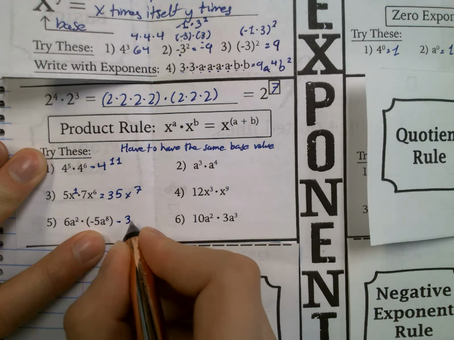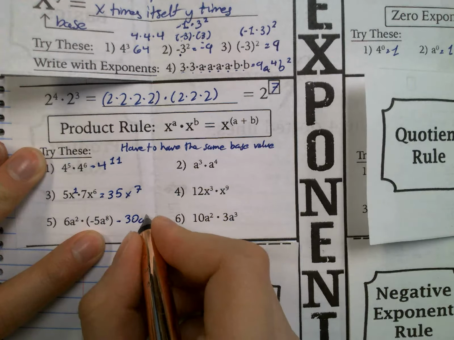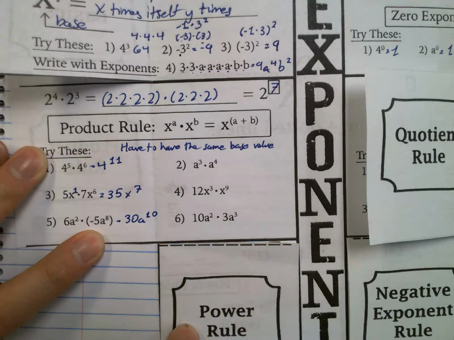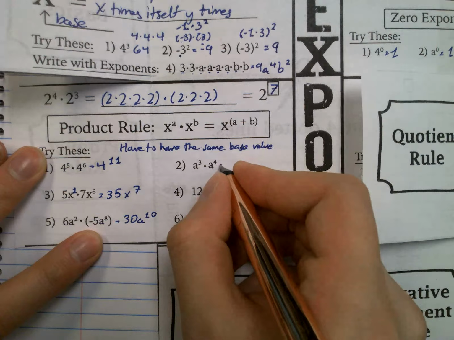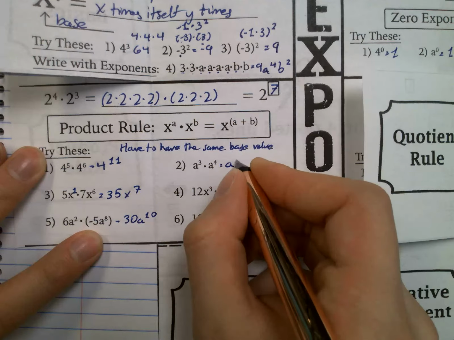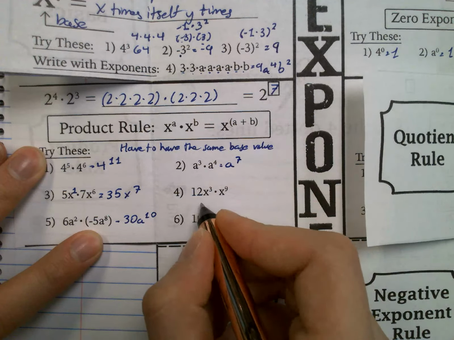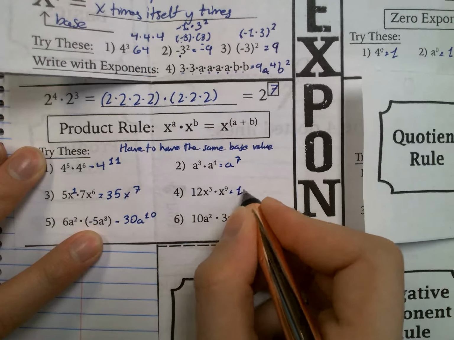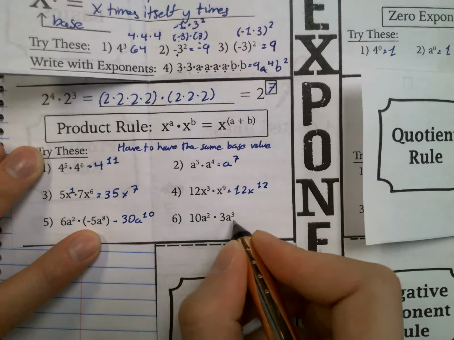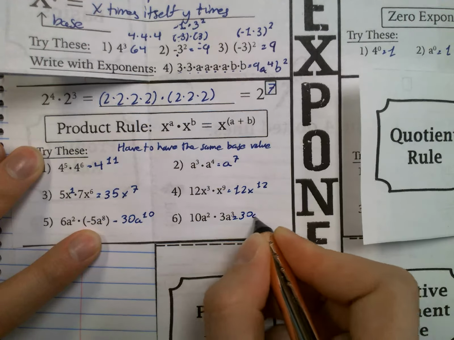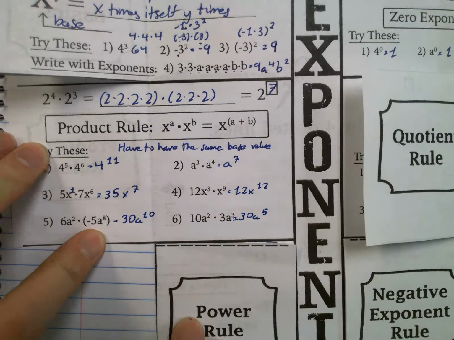Negative 30a to the 10th. Very good. Okay. Then we have a to the 3rd times a to the 4th. Plus that would give me a to the 7th. And I think you see where this is going. 12x to the 12. Yep. And then 10 times 3 is 30. A to the 5th. Very good.